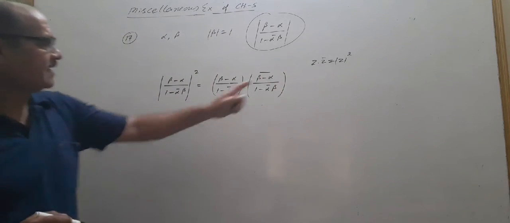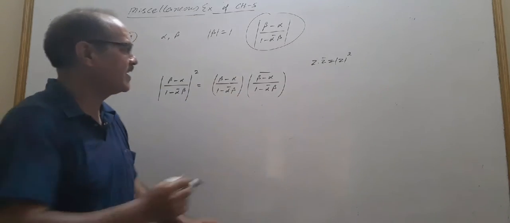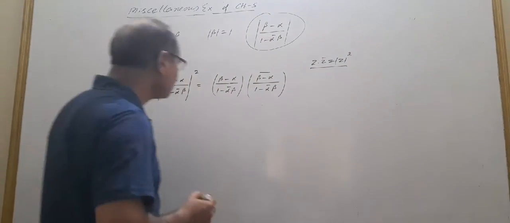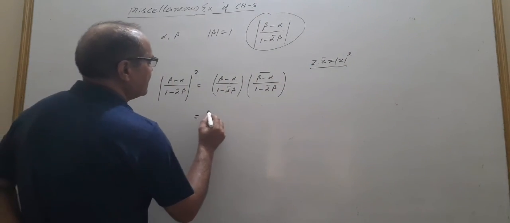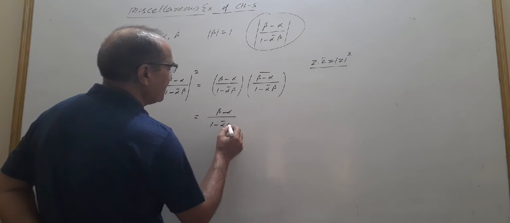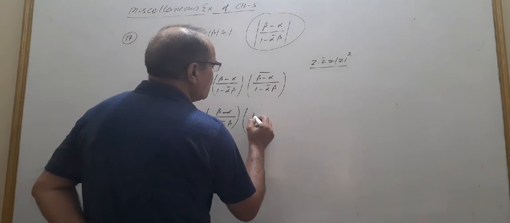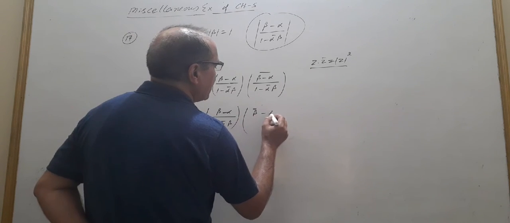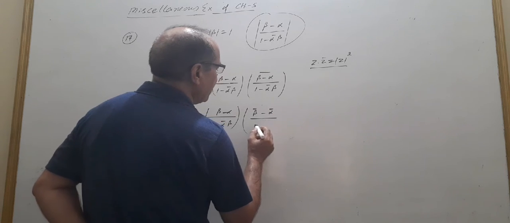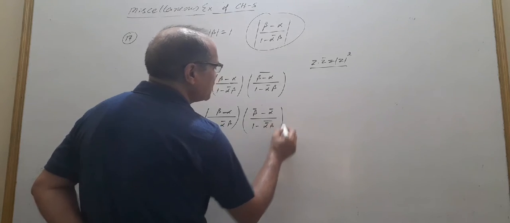So it is clear, z mod square can be written as z z bar by applying the property. Now this can be written as beta minus alpha upon 1 minus alpha bar beta, and applying the conjugate, this becomes beta bar minus alpha bar divided by 1 minus alpha bar beta bar, and this whole bar.